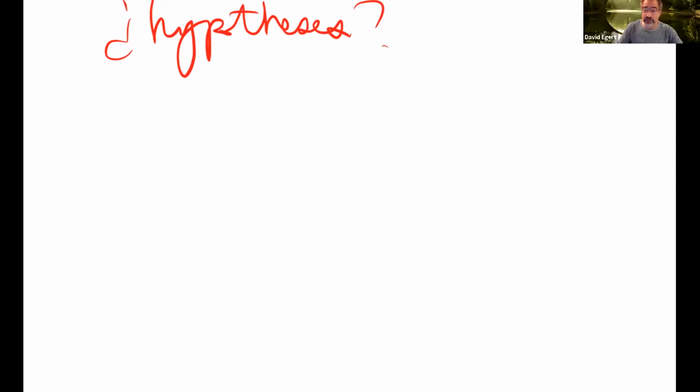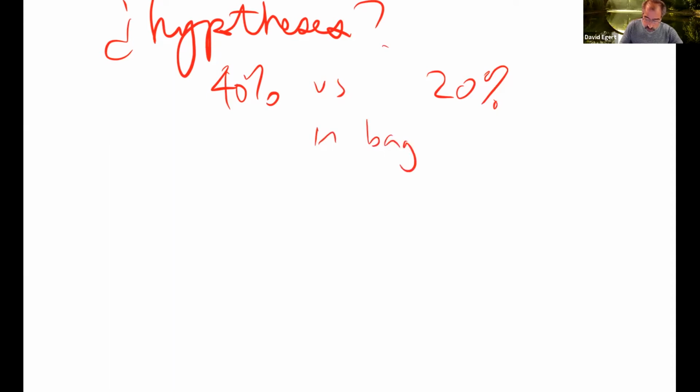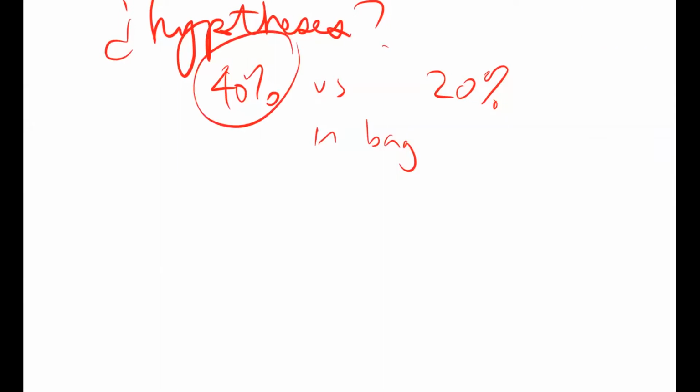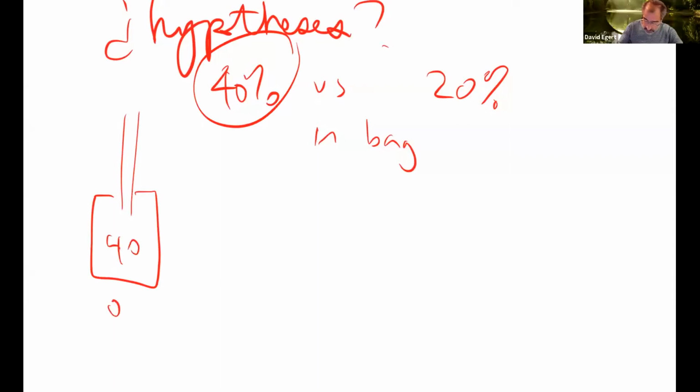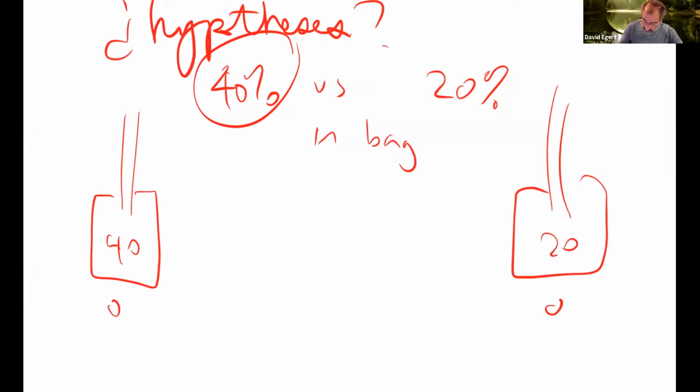So given that we have 40% versus 20% in the bag, which one is going to go faster? The 40%. Right, we have 40 versus 0 and 20 versus 0.